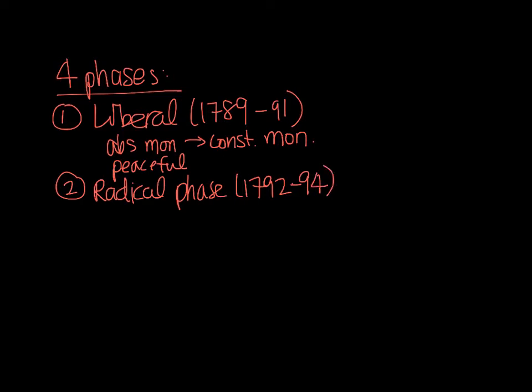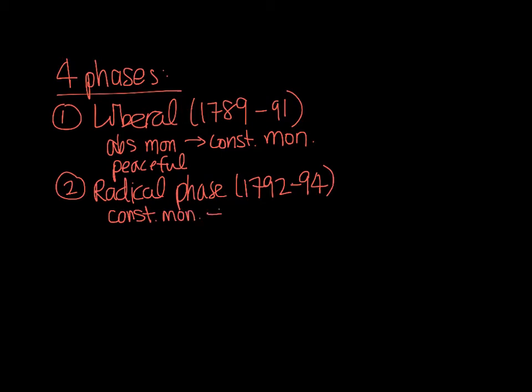Okay. During this period of the French Revolution, more radically minded individuals took over the reins of government. And these individuals were not content with constitutional monarchy. They wanted more democratic change, more extreme change, more radical change.